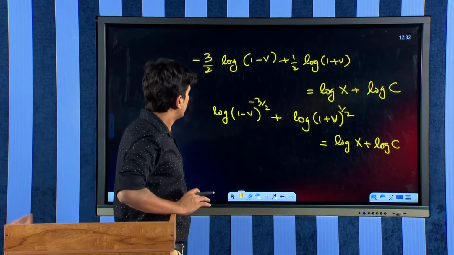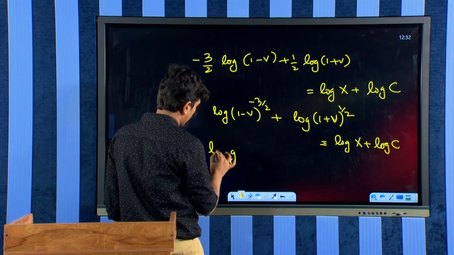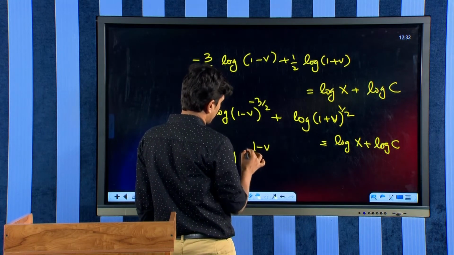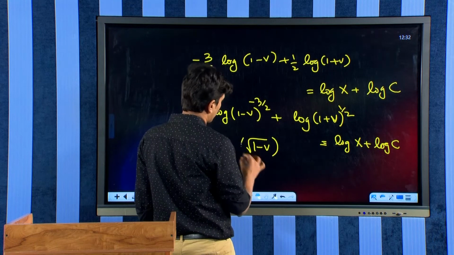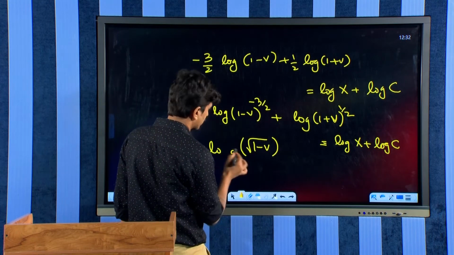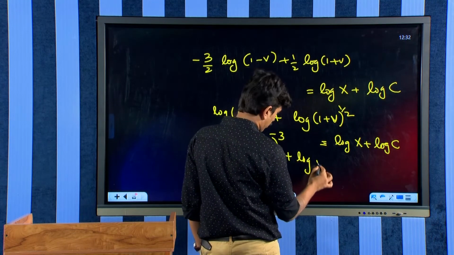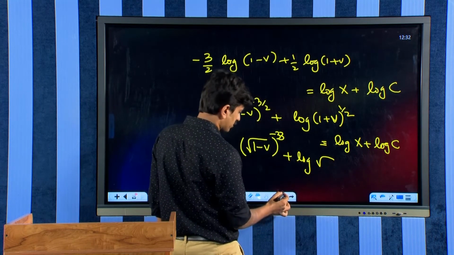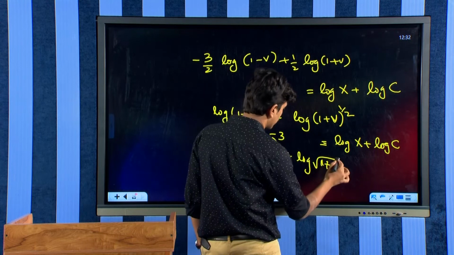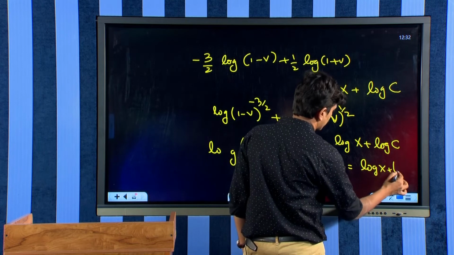Therefore, this is equal to log of square root of 1 minus v whole raised to minus 3, plus log of square root of 1 plus v, is equal to log x plus log c.